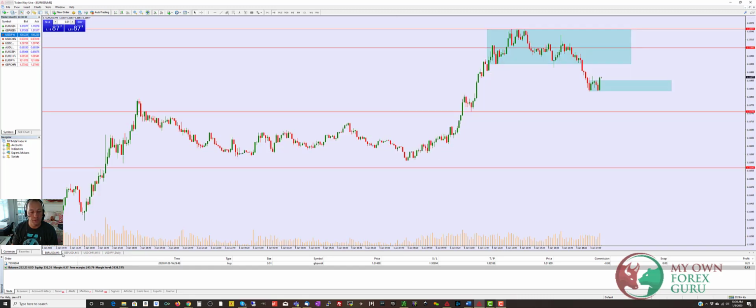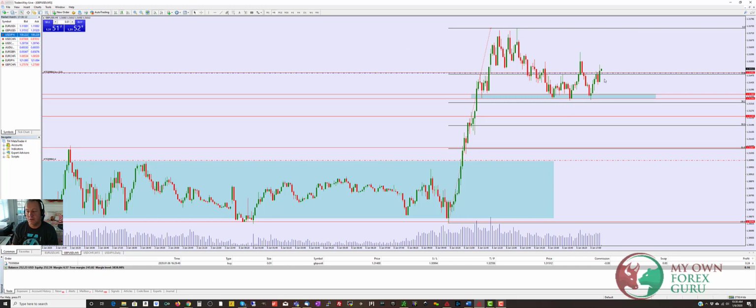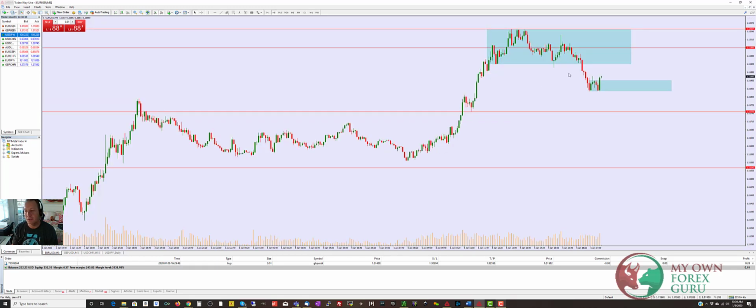So the consensus here is that if I'm long on pound, I'm short on dollar, then I should be the same on the euro. Now we had a move down here that made us think that perhaps we're going to be short, and this is why it's important to go out to bigger time frames, because on smaller time frames you have what we call a lot of noise, so it's sometimes hard to see the bigger picture.